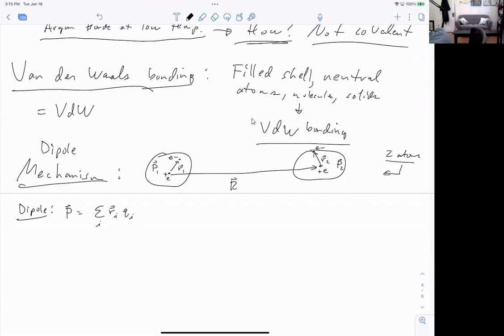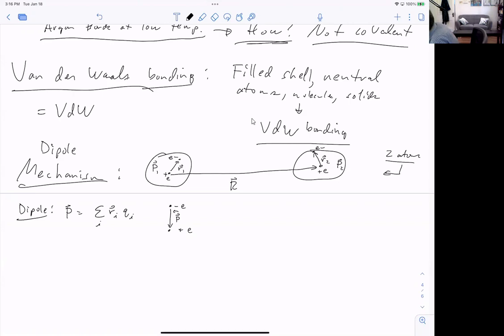So if I have minus E and plus E, then I'm going to have a dipole, which is going to be pointing from the minus to the plus. And that'll be the P. You can see it just by doing it.